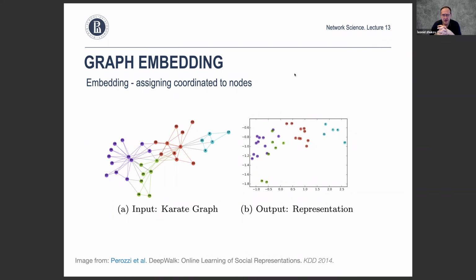This one, the one you see here, is a layout done by DeepWalk. It's actually, again, assigning to 2D. If you notice, it nicely does the grouping of the clusters, right? So it preserves clusters, so it preserves local information.